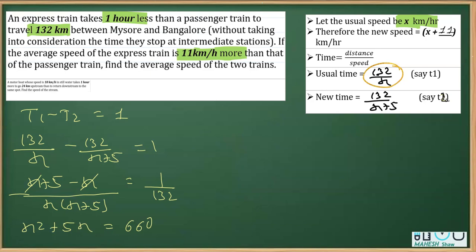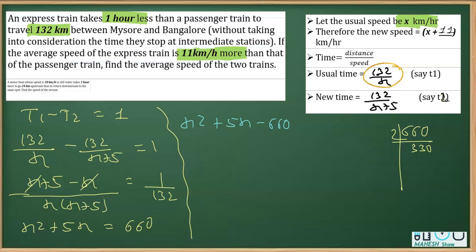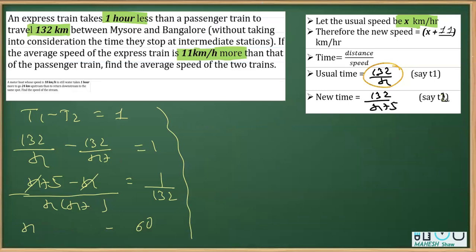Now I'm writing this in the standard form: x squared plus 5x minus 660. We made a mistake, and I copied this 5 wrong. It's not 5, it's 11. As you can see, this is x plus 11, since the new speed is more.